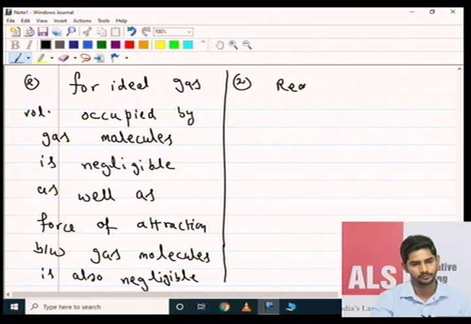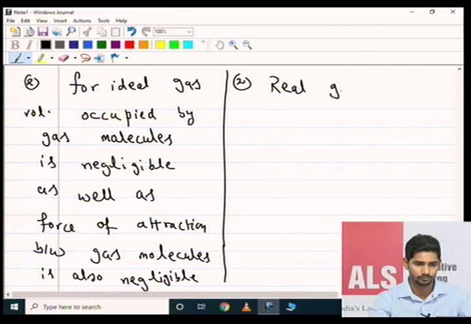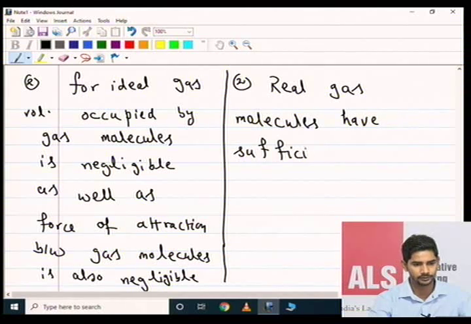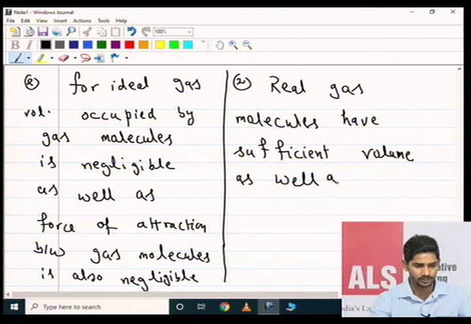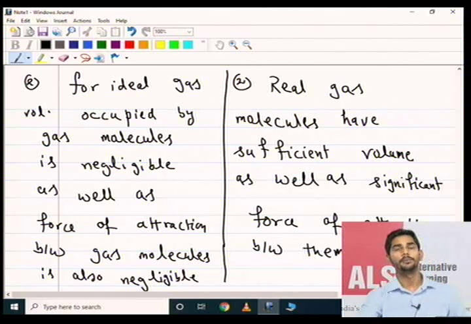Here, real gas molecules have sufficient volume as well as significant force of attraction between them. Copy and confirm.